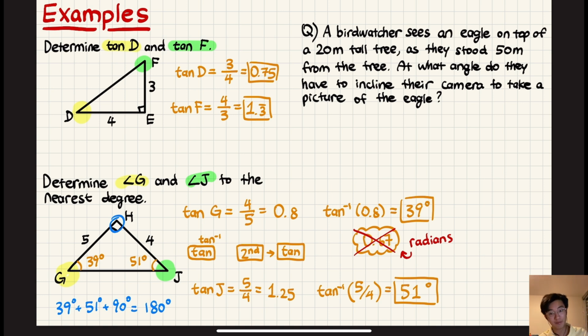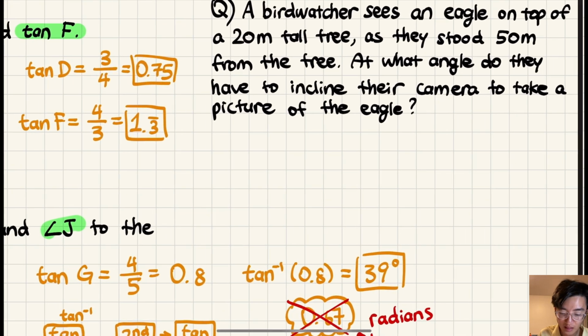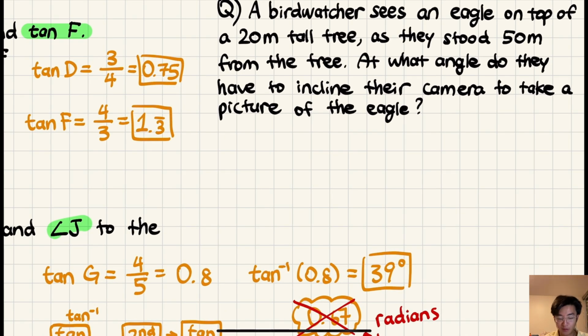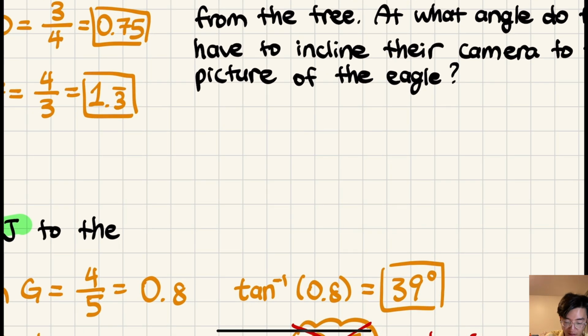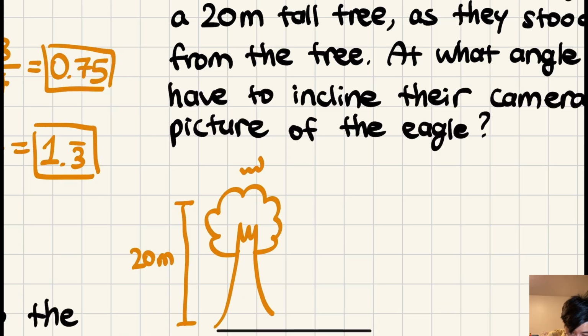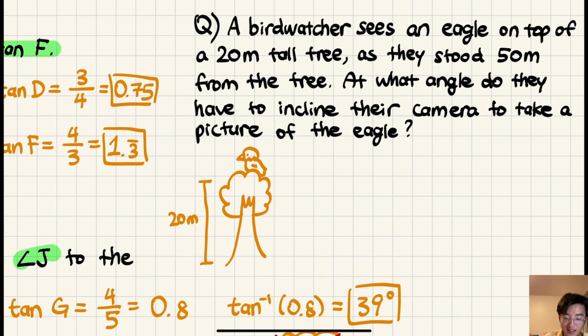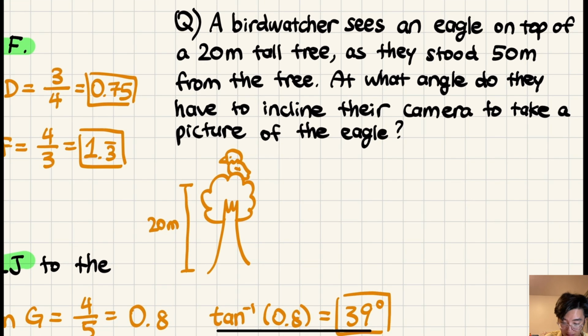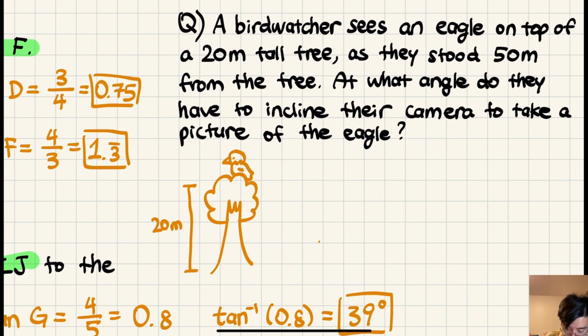Alright, so now moving on to a word problem here. A bird watcher sees an eagle on top of a 20 meters tall tree. Okay, so let's draw it out. So this tree right here is 20 meters tall. Of course, we got a little eagle here. And now the bird watcher is standing 50 meters from the tree. So we have the bird watcher right here.